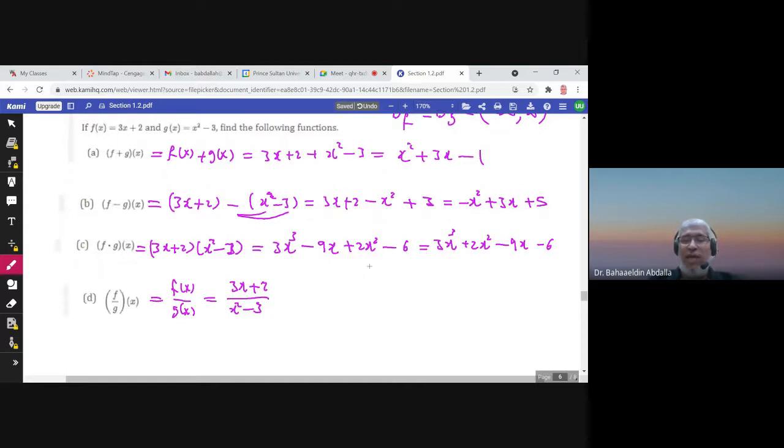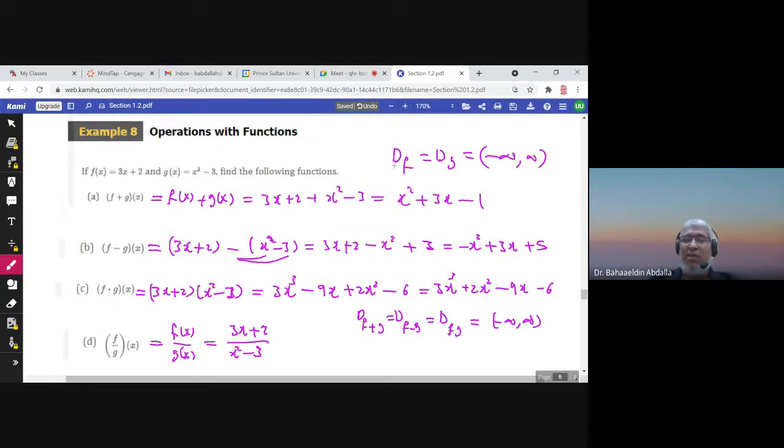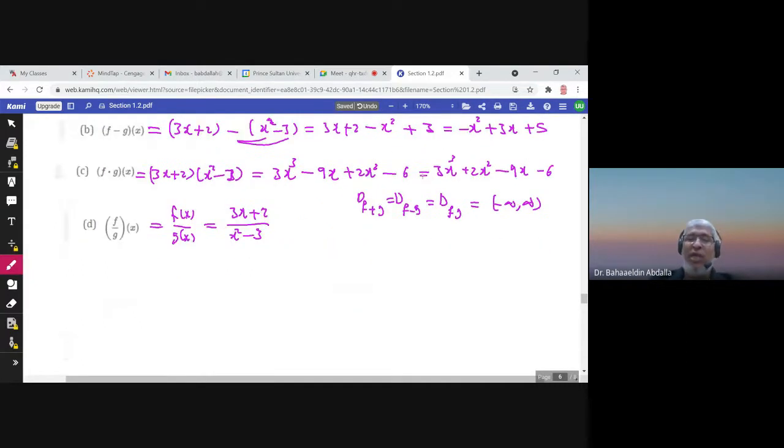So the domain of f plus g would be equal to the domain of f minus g and the domain of f times g, which is from negative infinity to infinity, because that's the domain of f intersection domain of g.